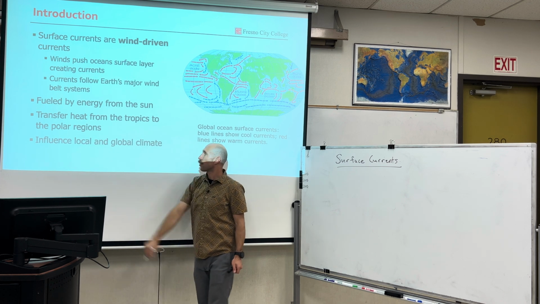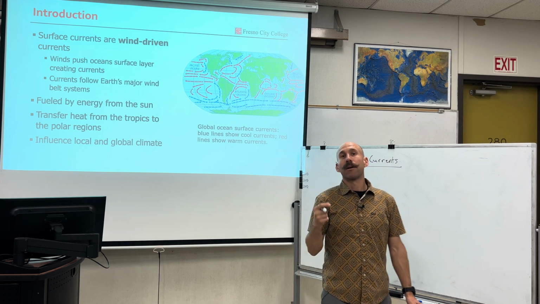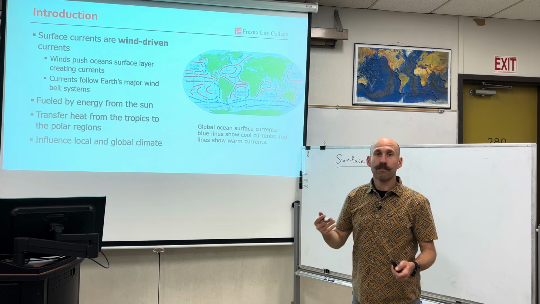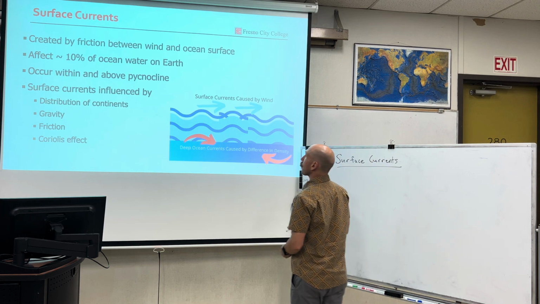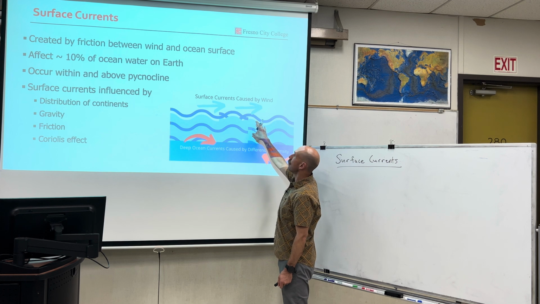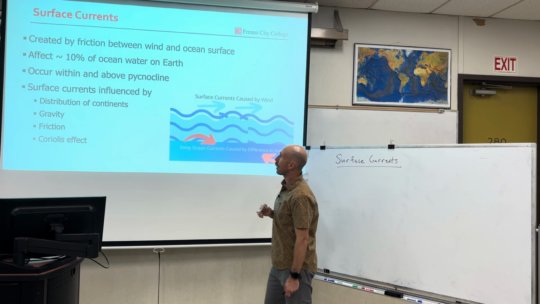They influence local and global climate, and they are important for biological productivity and marine life in general. About 10% of the ocean water is affected by surface ocean currents, the friction between wind and ocean.